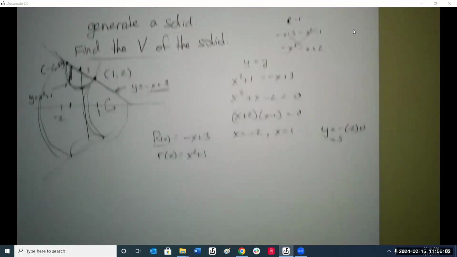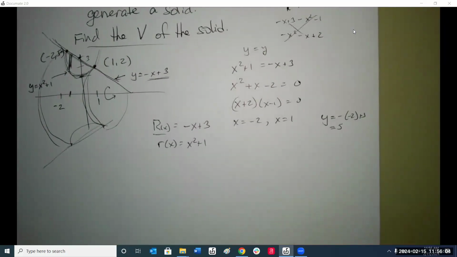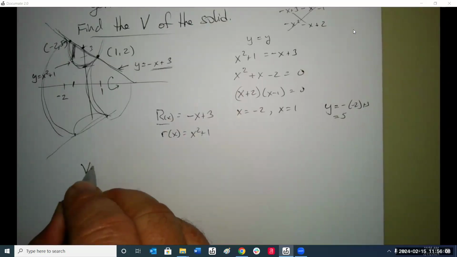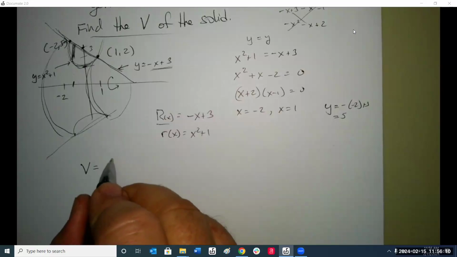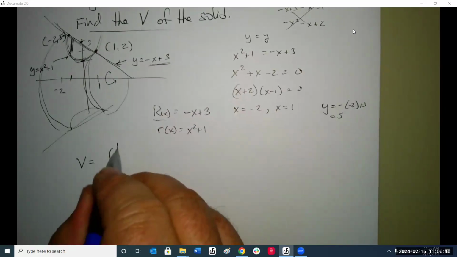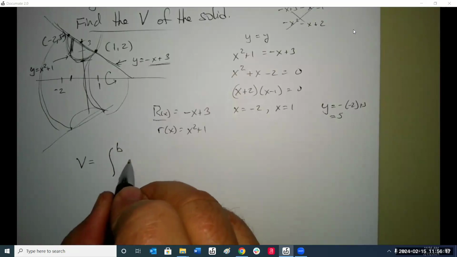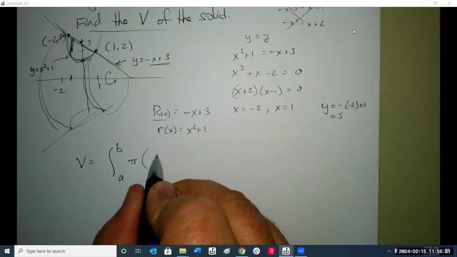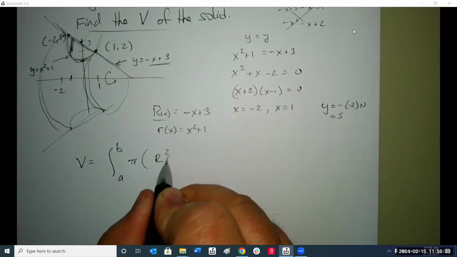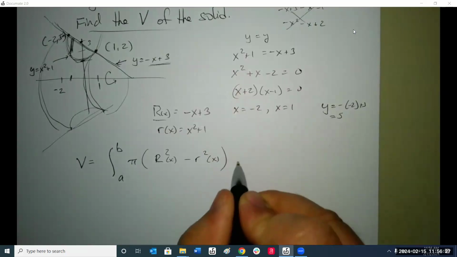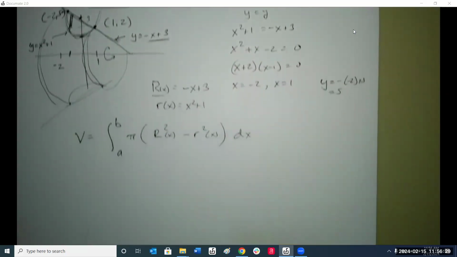All right, so let's put this stuff together. We have the volume equals the integral from a to b of R squared of x minus r squared of x dx.